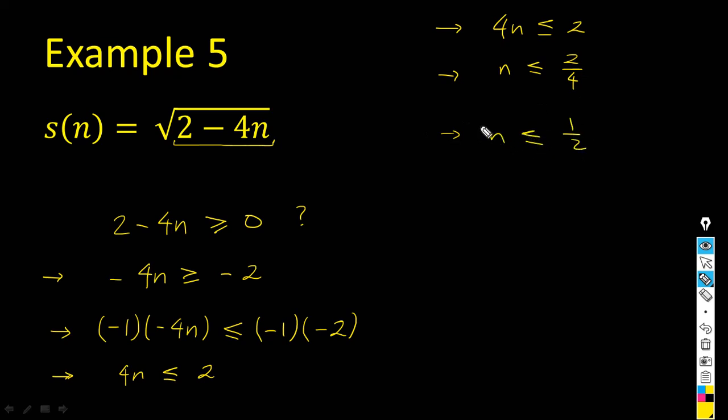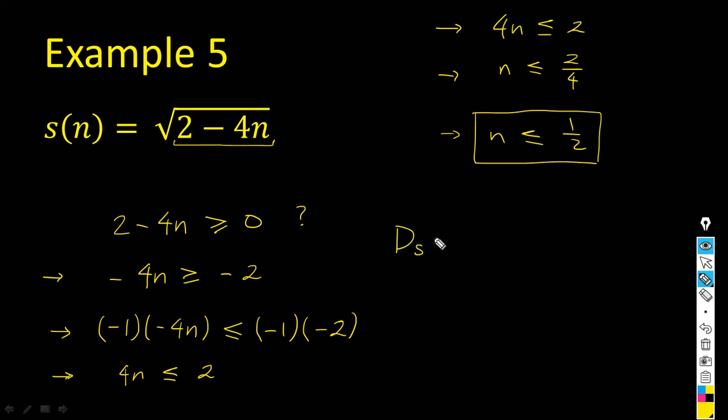So for all numbers n that are less or equal to 1/2, this can be evaluated. Any number that doesn't respect this requirement is out of the domain. So let's actually write that answer.